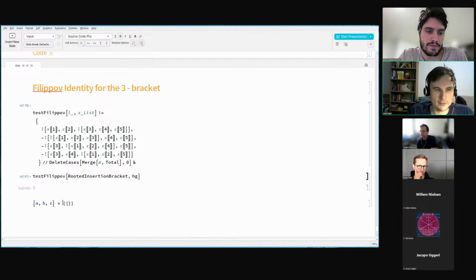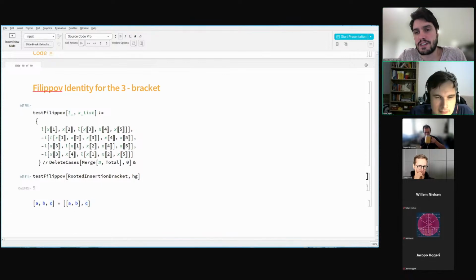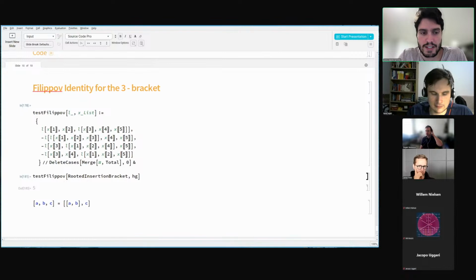So if you define a bracket like A, B, and then C, just like that, that's a ternary so-called Leibniz bracket, except for antisymmetry in B and C. That satisfies the Jacobi identity. That satisfies the formula that you have above, the Filipov thing.